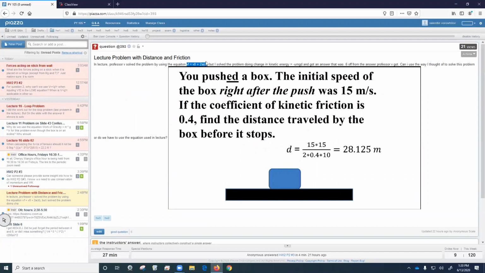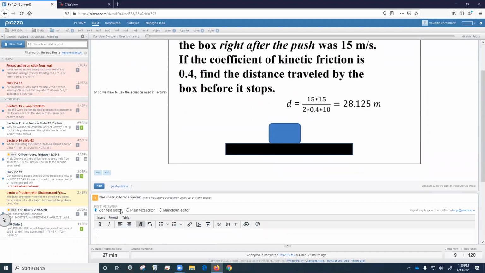I have to check it. Did I do it? Squares.